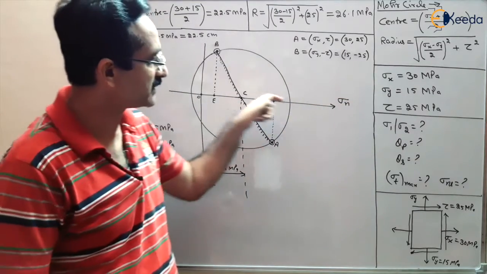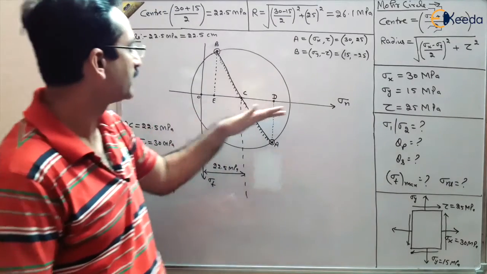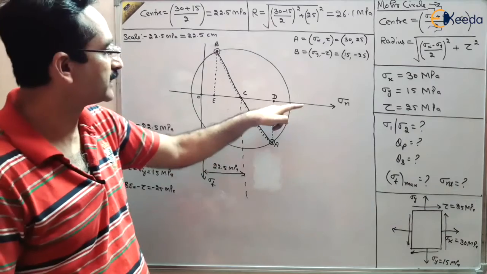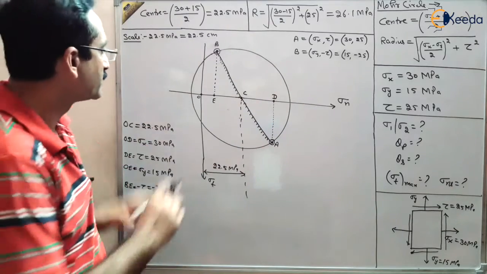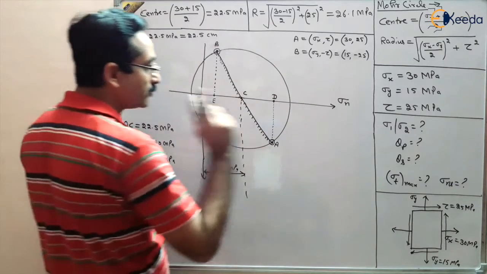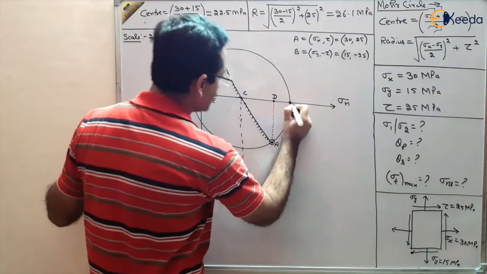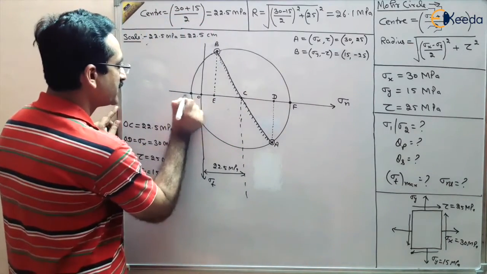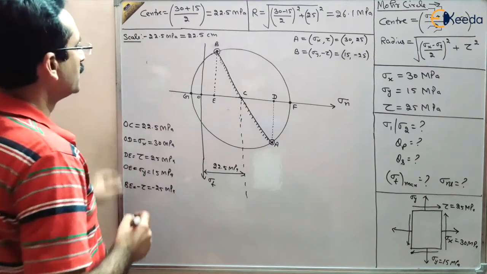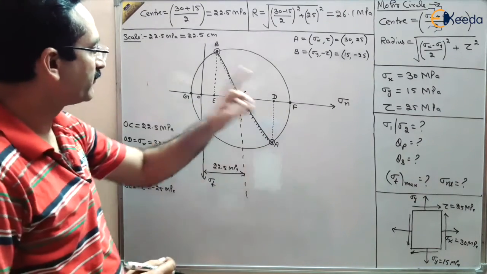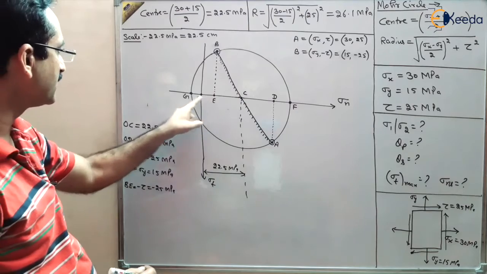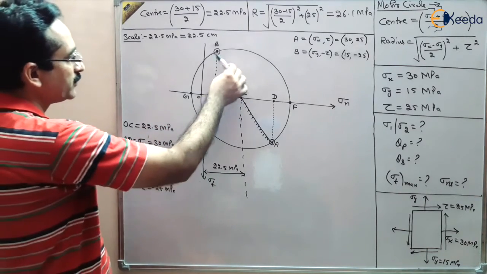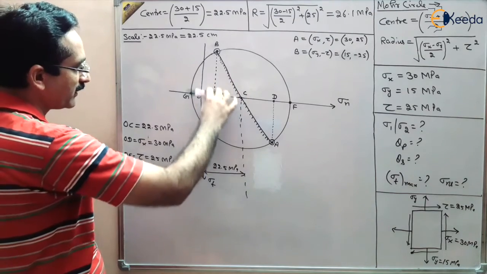So the principal stresses will lie where the circle is cutting the sigma n line at 2 points. Suppose this is F, and here say it is G. So OF will be one of the principal stresses and OG will be the other principal stress, right? And you will find that this will be towards the negative side, somewhat negative.